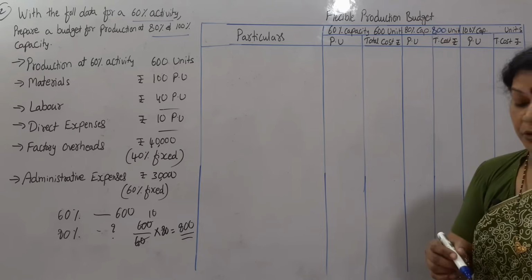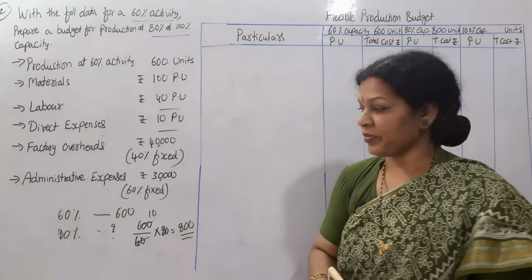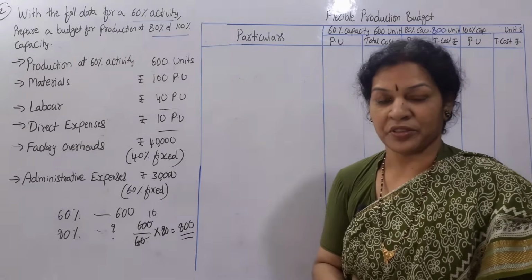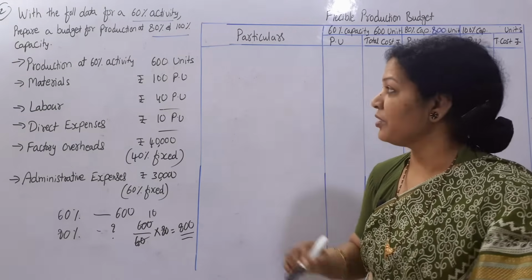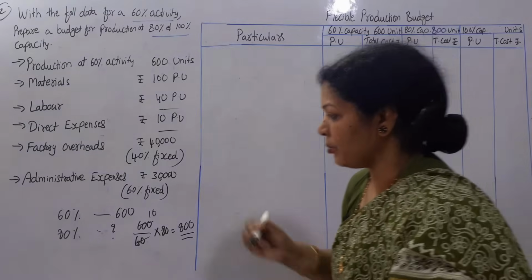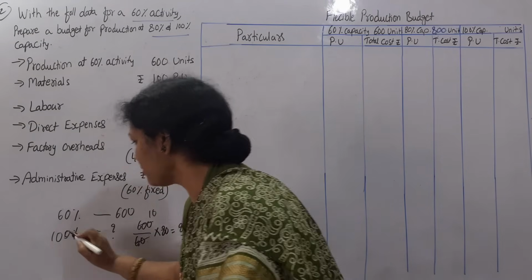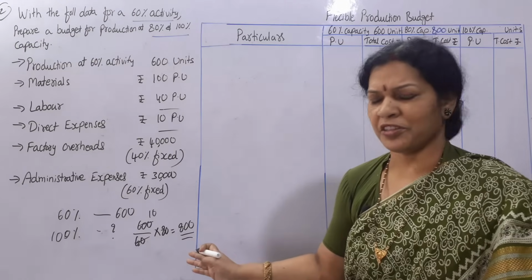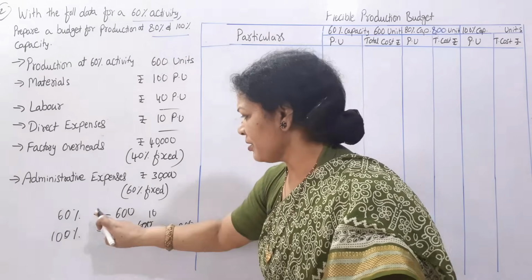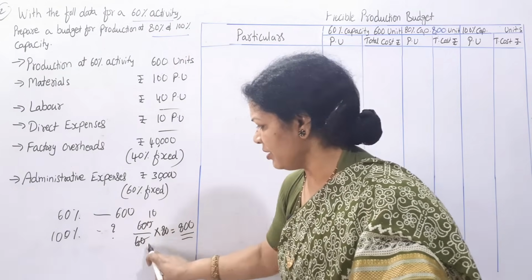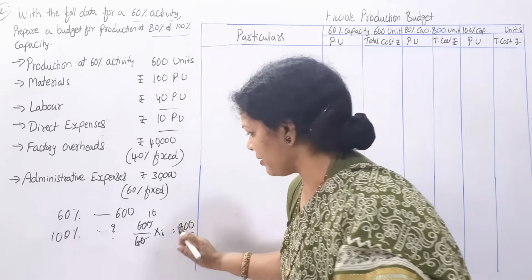80% capacity is 800 units, and 60% is 600 units. Next, for 100%, how much?